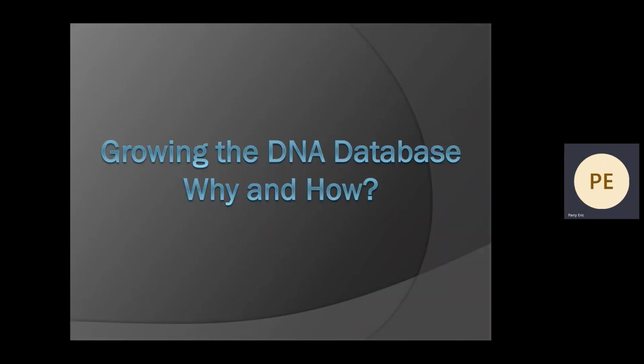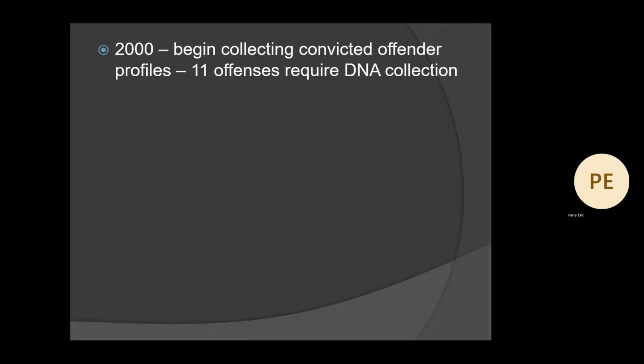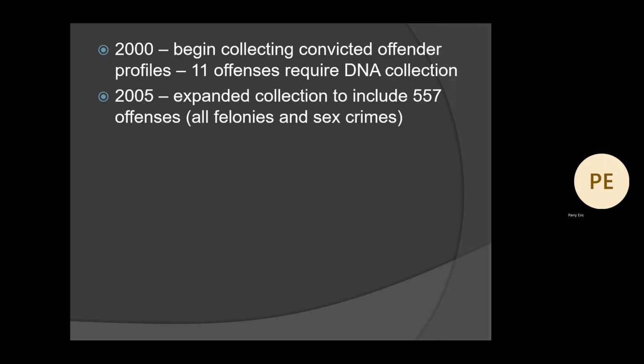So here's a little history lesson for you guys. In 2000, we began collecting convicted offender profiles from the 11 major offenses. In 2005, the law expanded to include all felonies and all sex crimes.